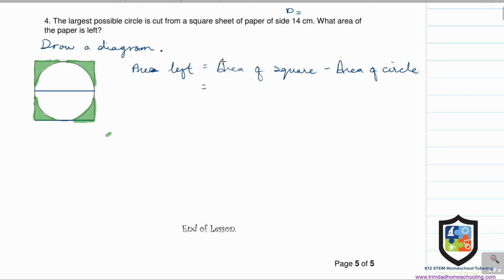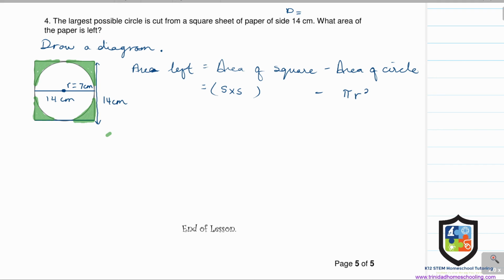So the area of a square, we know from our last lesson, is side times side. Our side here, they told us, is 14 centimeters. Our diameter is 14 centimeters, which means our radius is half of 14, which is 7 centimeters. Alright, and we need the radius to find the area of the circle.